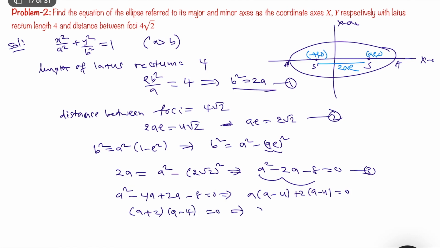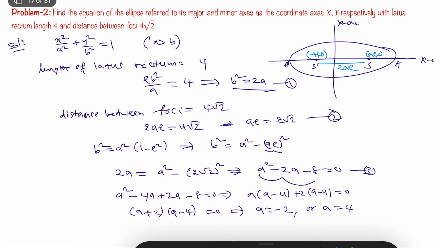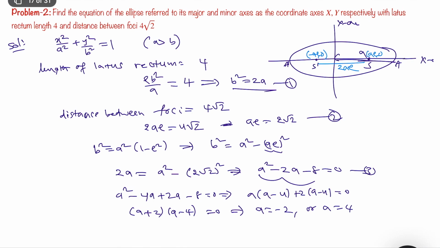That implies a equal to minus 2 or a equal to 4. But a is what? Distance from the center to this vertex, that cannot be negative. You can also call it semi-major axis length. So that cannot be negative, so we have to discard this option. Okay, so we have to go ahead with a equal to 4.